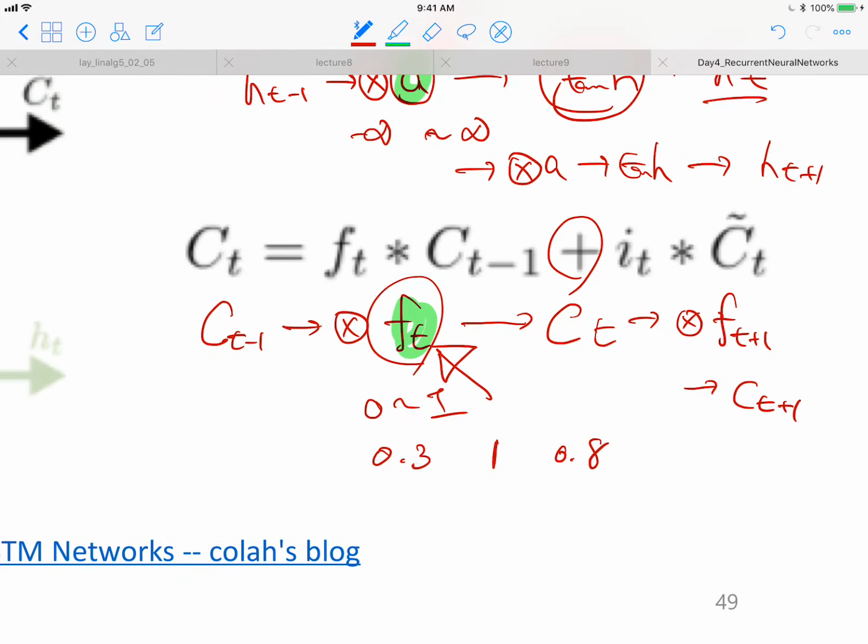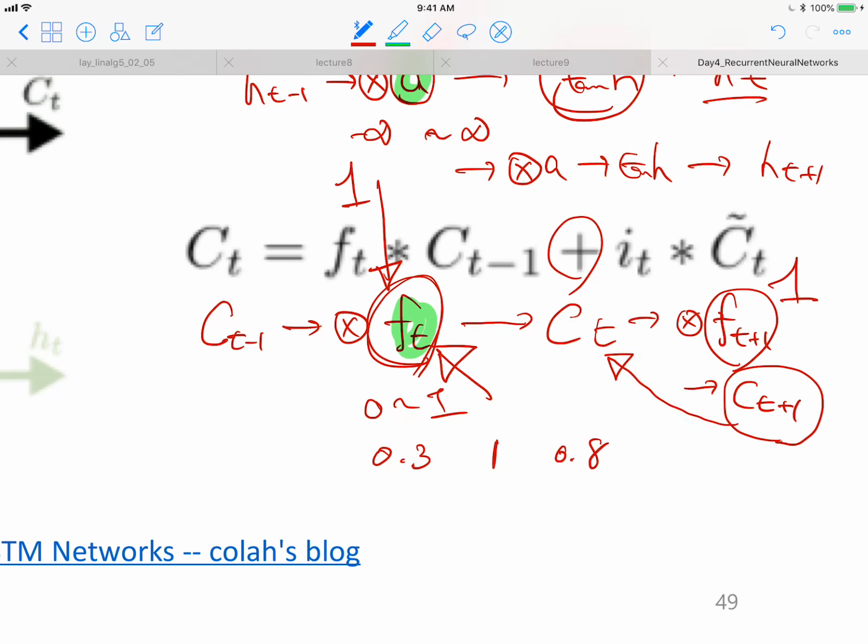In terms of the gradient, if this guy is 1 and this guy is 1, then the gradient coming from here remains the same gradient when it is backpropagated to c_t, and when backpropagated to c_{t-1}, if f_t is 1, the gradient remains the same one, right?